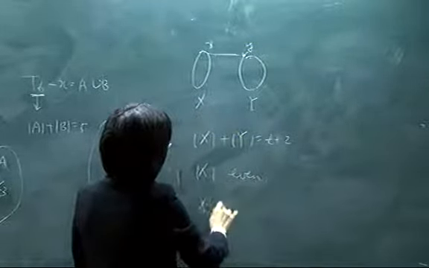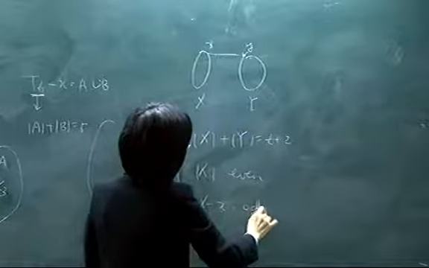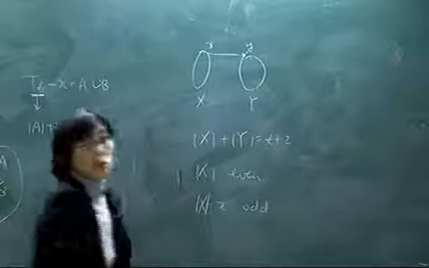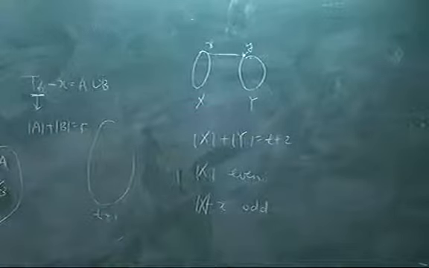Then A minus x is again odd. So you contain an odd component. So then by this case, the graph contains that kind of separable subgraphs.